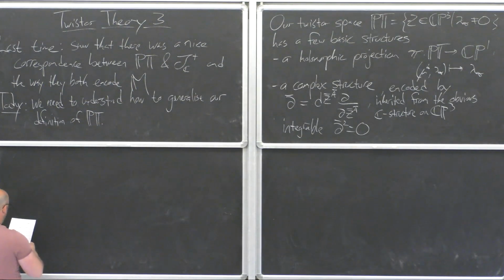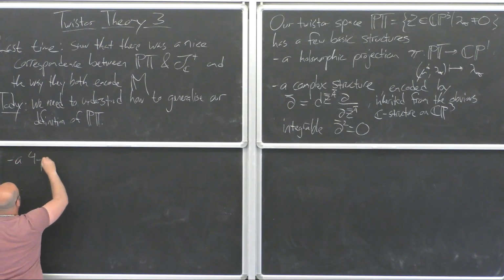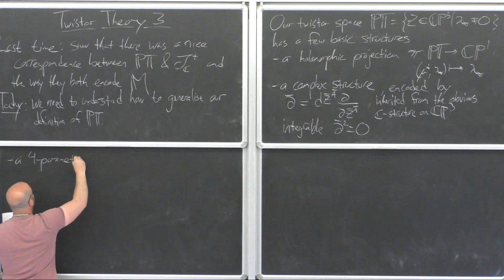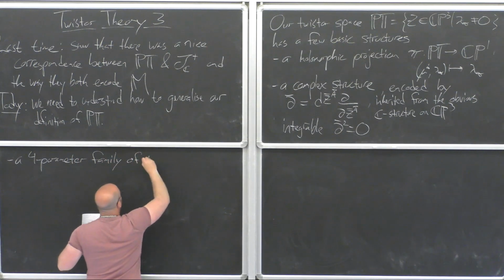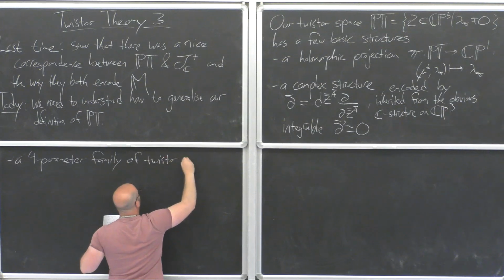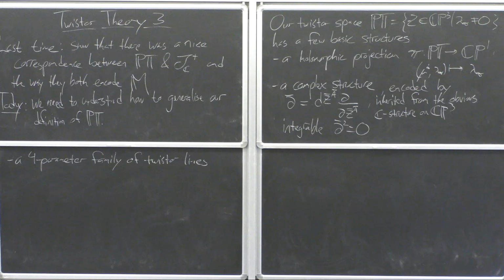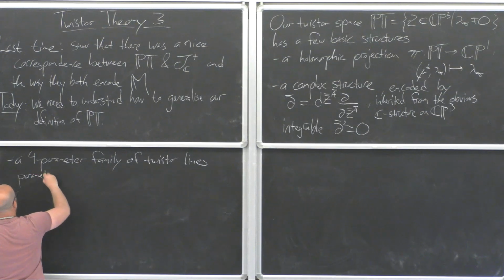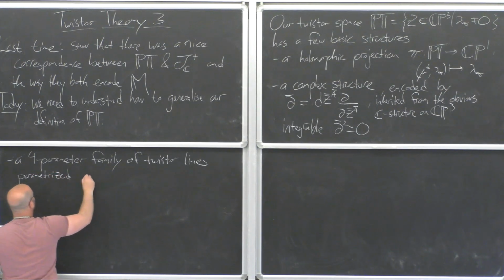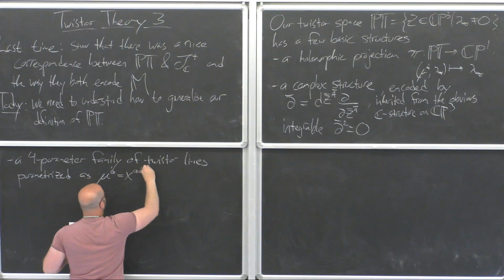Okay. So another structure we had was a 4-parameter family of twistor lines. These corresponded to the points in complexified Minkowski space, right? So these were parametrized as mu alpha dot equals x alpha alpha dot lambda alpha.